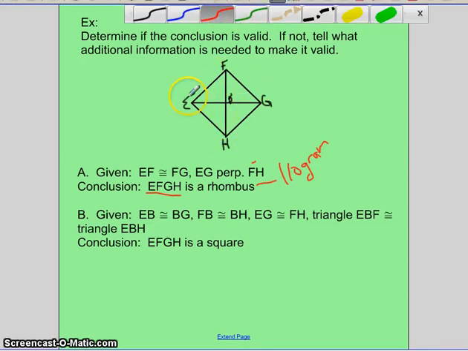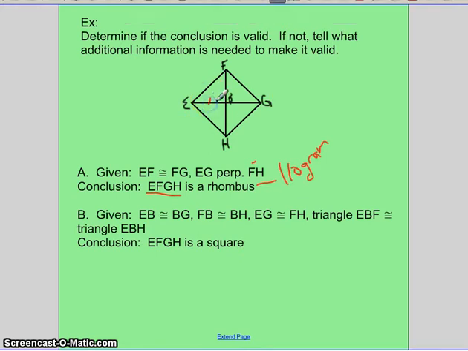It says that EB is congruent to BG, and FB is congruent to BH, and it also gives us that EG is congruent to FH, and that also triangle EBF right here would be congruent to triangle, let's see, EBH, this one right down here.